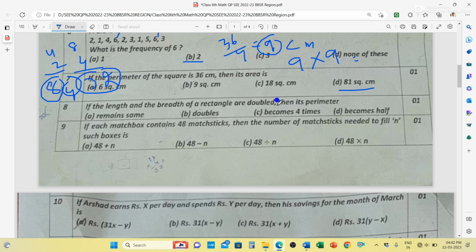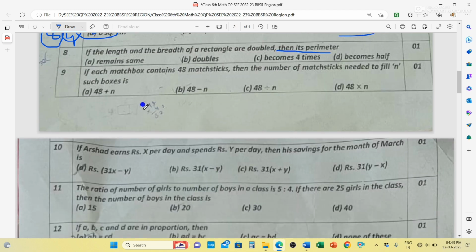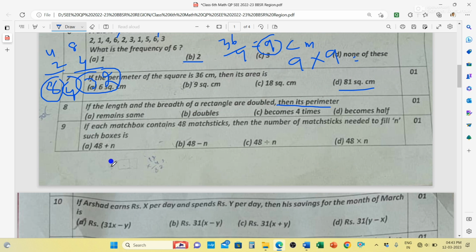But here it is asking about its perimeter, not area. If the length and breadth of a rectangle are doubled, then its perimeter. Okay, so we will take the same example. Length 4 unit, breadth 2 unit. The perimeter will be 2 into length plus breadth, right? So 2 into 4 plus 2, 2 into 6 equals 12 unit.